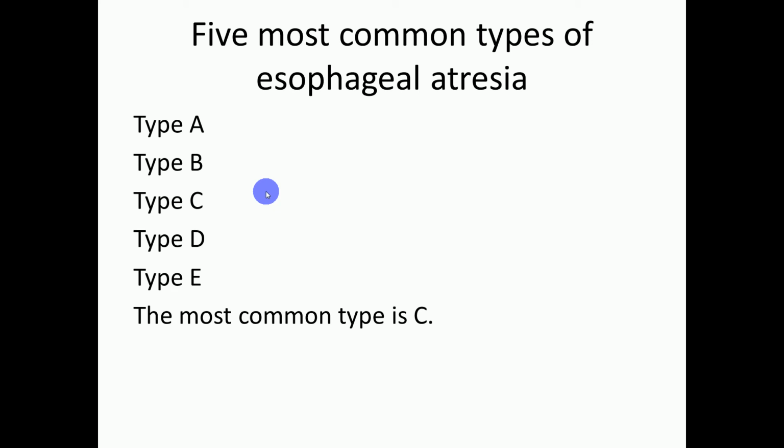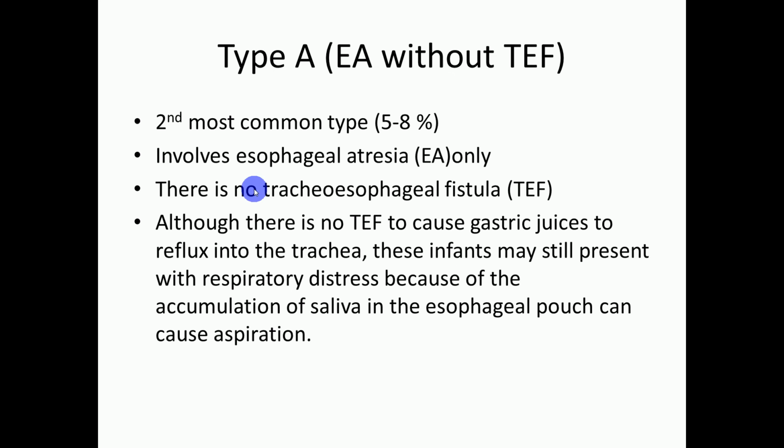All right, so let's look on page 803 in your book and follow along. First one is a type A, and a type A is an EA, esophageal atresia, without a TEF, so there's no fistula. This is our second most common type, 5 to 8%, and it involves an EA only.